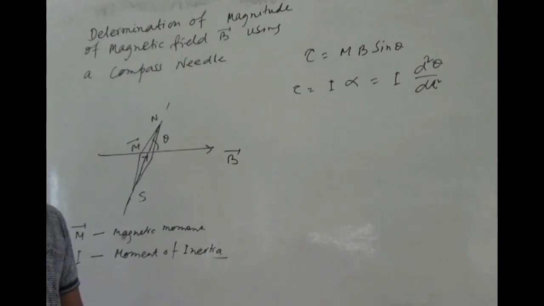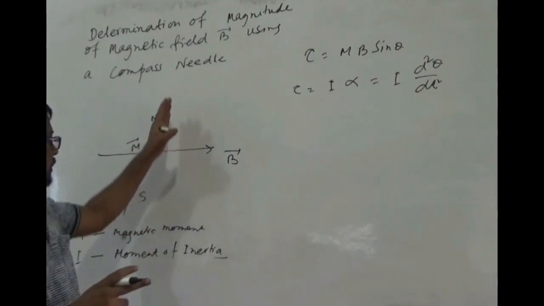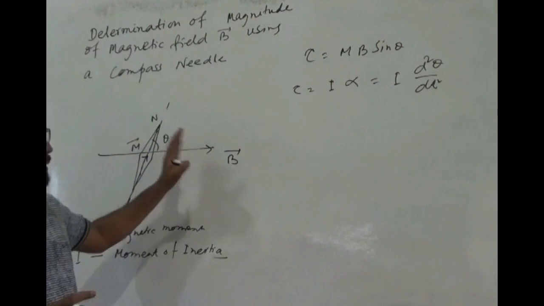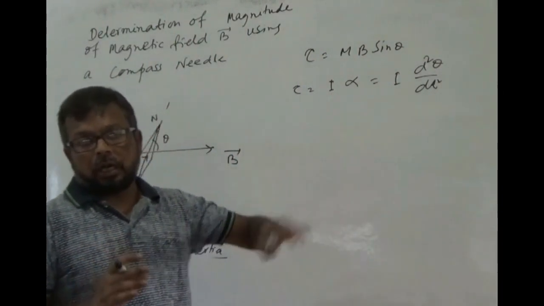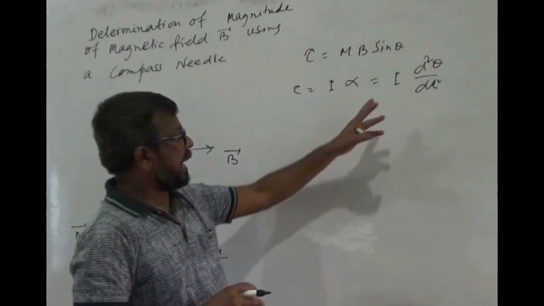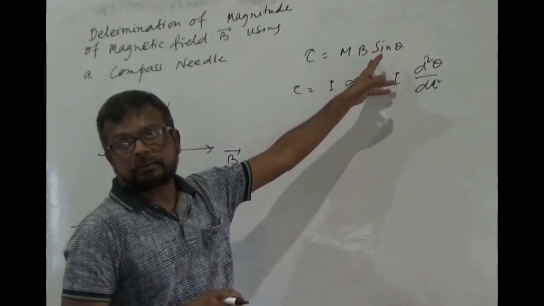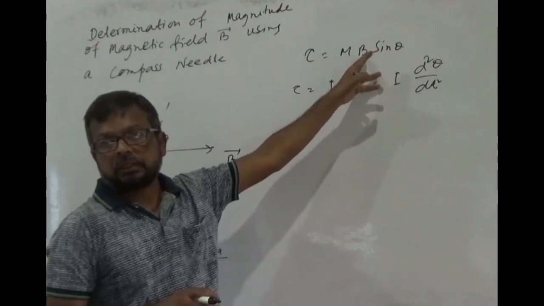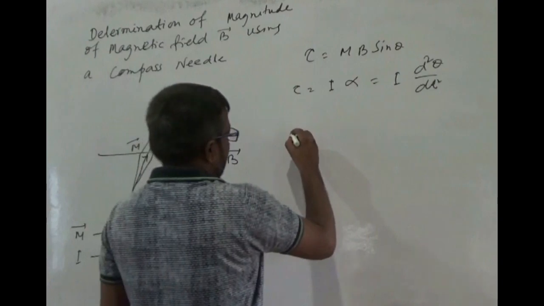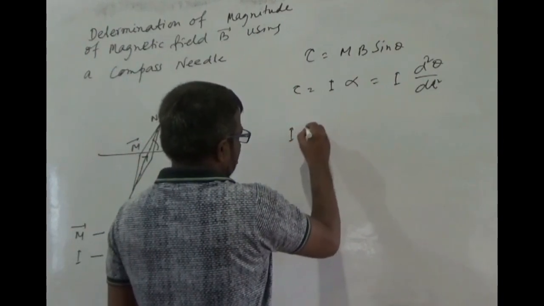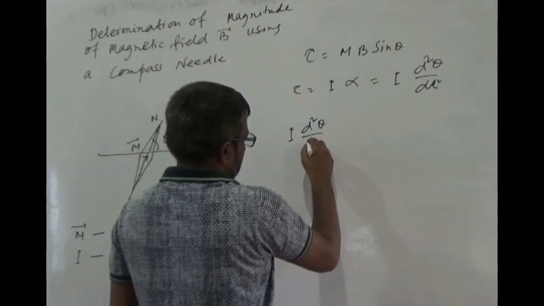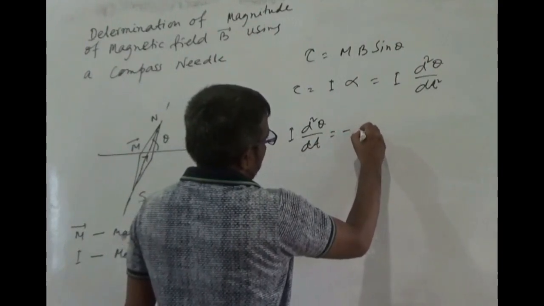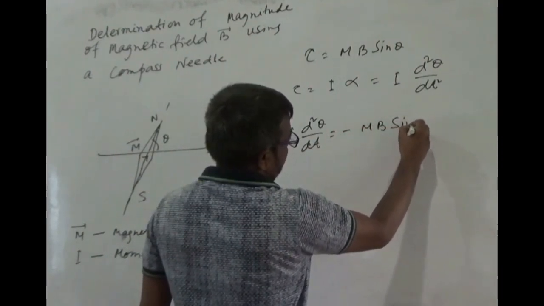Now, from the laws of motion, we can write this as I d2 theta dt square is equal to minus MB sin theta.